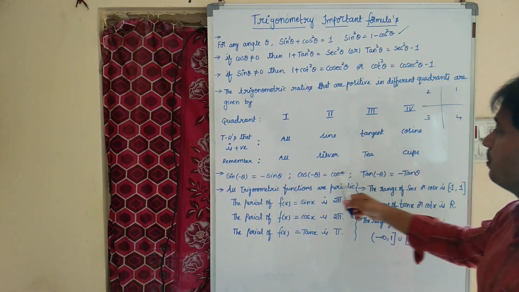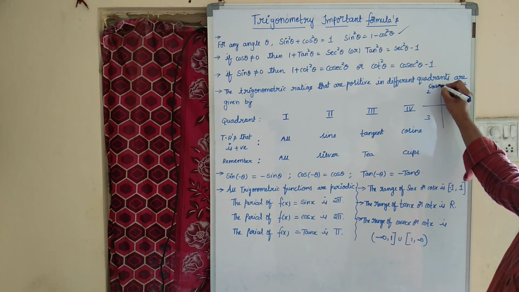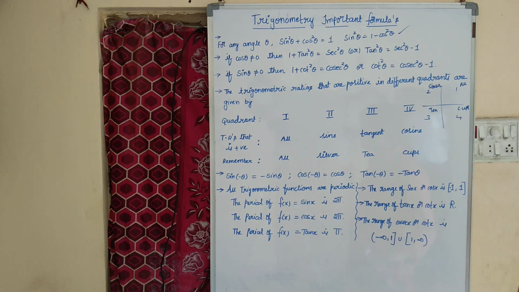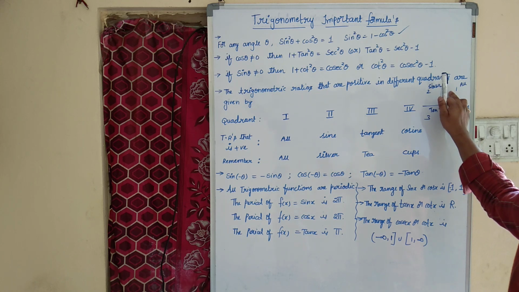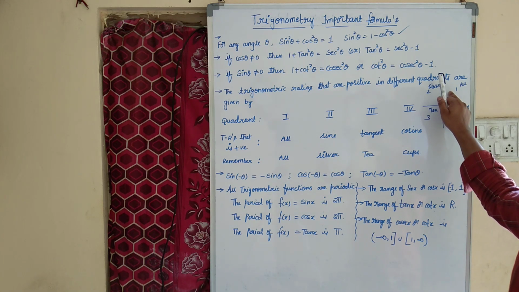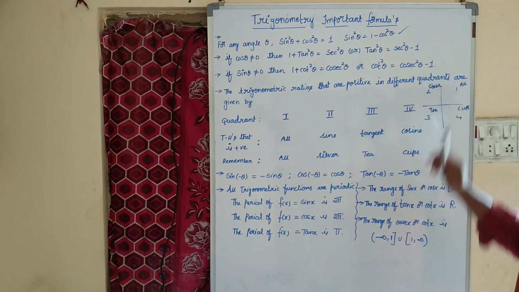Here, how to remember? All Silver Tea Cups. Okay. In quadrant 1, all trigonometric ratios, sin, cos, tan, sin reciprocal cosec, cos reciprocal sec, tan reciprocal cot, all 6 trigonometric ratios are positive.